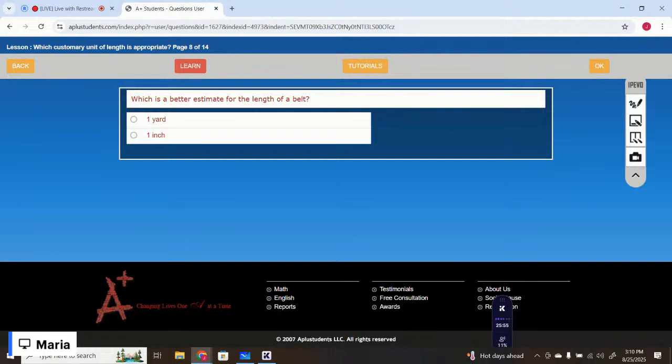Which is a better estimate for the length of a belt? It would be 1 yard. Option number one is the correct option.